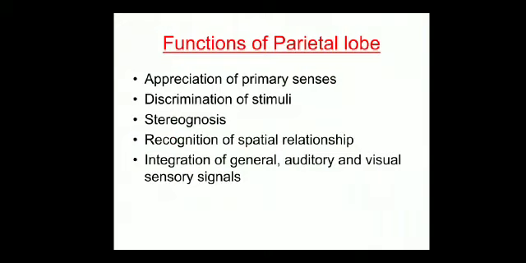And then stereognosis, that is the ability to recognize known objects with the eyes closed. That is one of the functions of the parietal lobe. And then the recognition of spatial relationships, that is the tactile localization and the tactile discrimination.